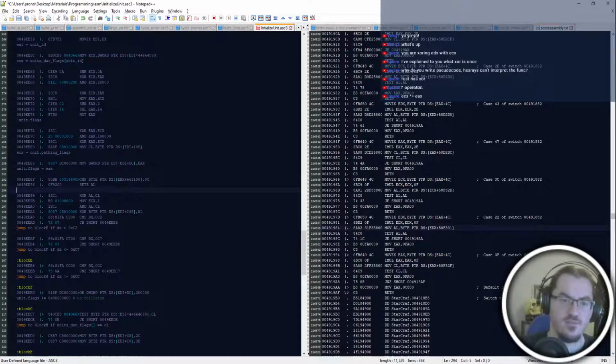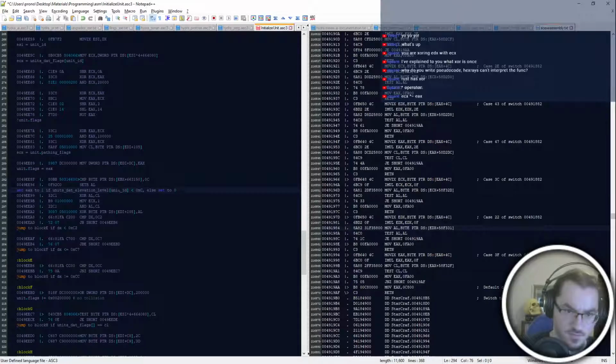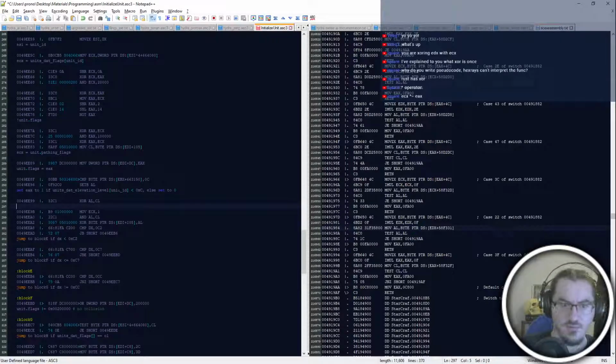So this is set EAX to 1 if units dat elevation level unit ID is less than 0xc. Otherwise set to 0. And then we have AL.